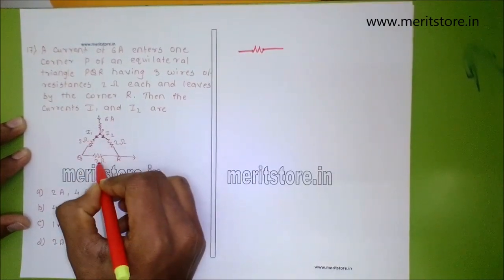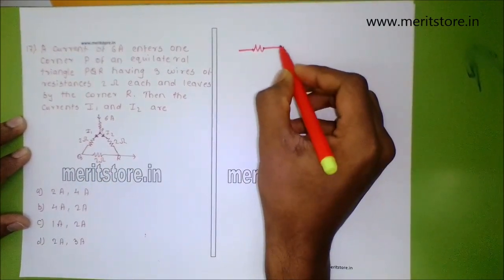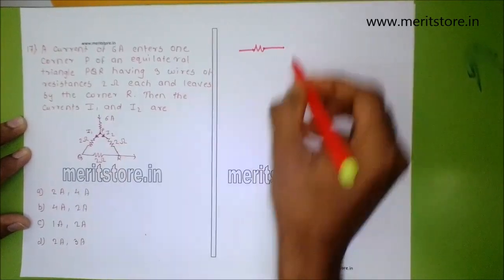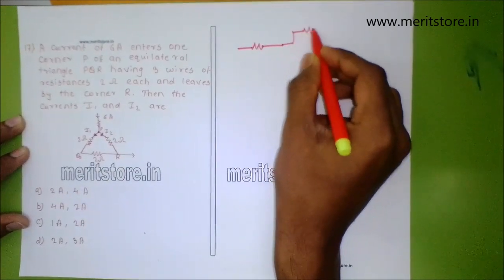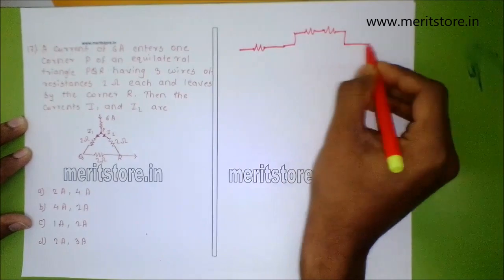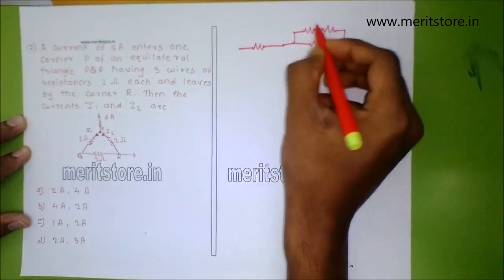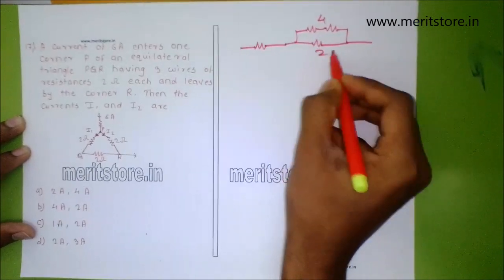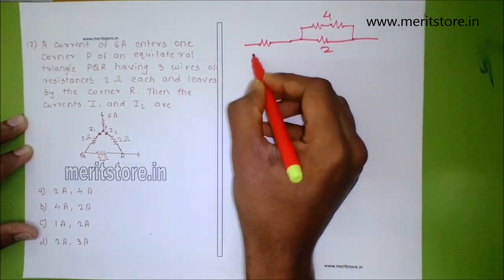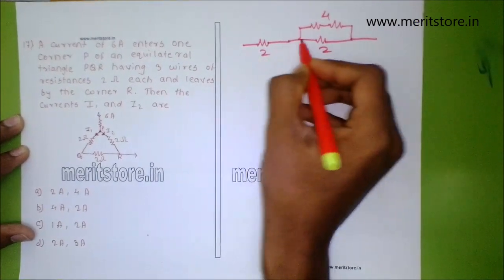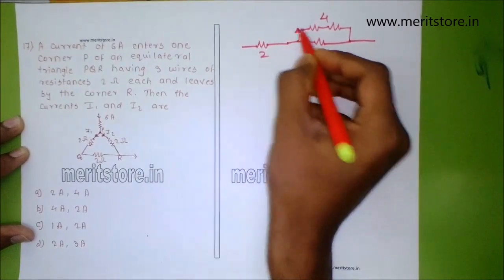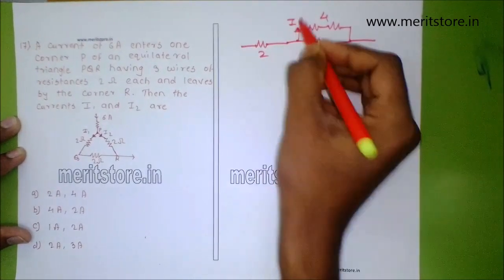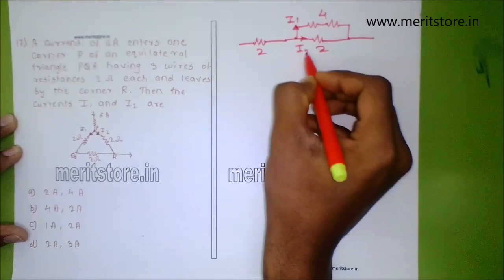This 2 ohm and this 2 ohm are in series with each other and in parallel with this 2 ohms. So this 2 ohm and this 2 ohm can be combined, written as 4 ohms, 2 ohms. This current is I1 and this current here is I2.